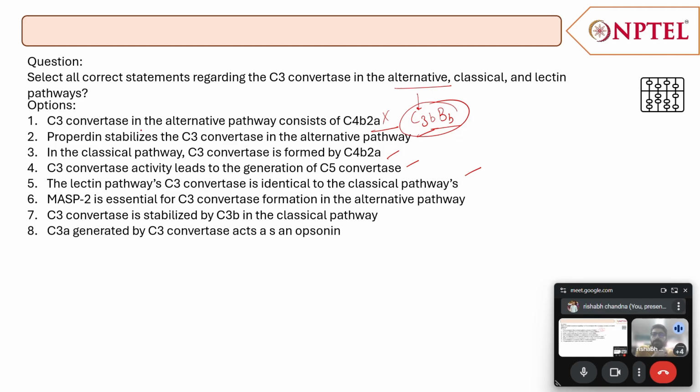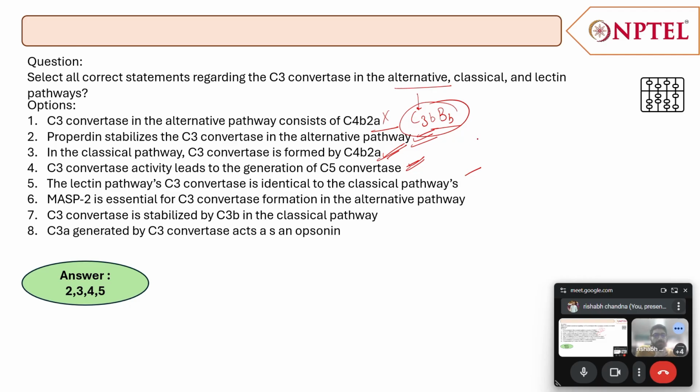Then properdin stabilizes the C3 convertase in the alternative pathway. Yes, this is correct. In the classical pathway, C3 convertase is formed by C4b2A. Yes, this is correct. C3 convertase activity leads to the generation of C5 convertase. Yes, this is also correct.